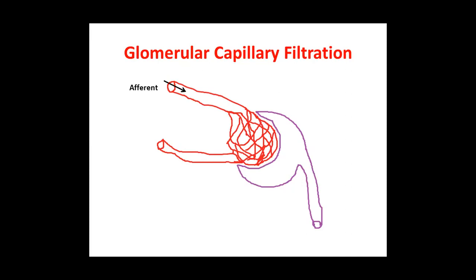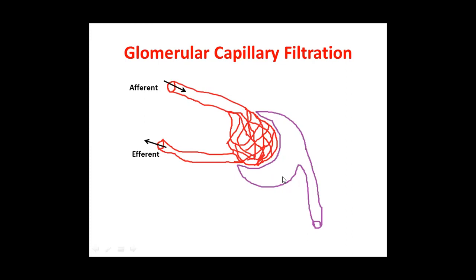Here, instead of arteriolar end and venular end, we call it afferent arteriolar end and efferent arteriolar end. This is the afferent arteriolar end, this is the efferent arteriolar end, this is the filtration barrier, and this is the so-called tissue space or Bowman's capsular space.